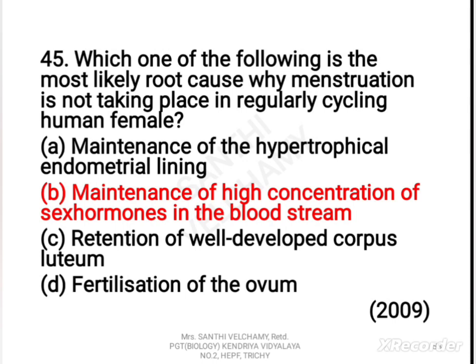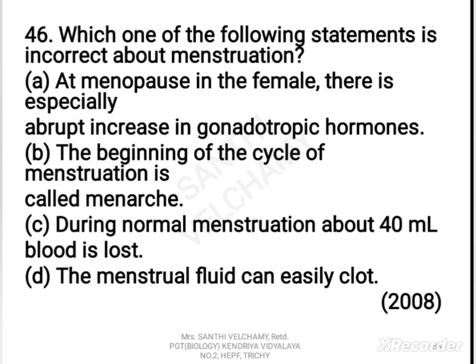Next one. Which one of the following statements is incorrect about menstruation? A. At menopause in the female, there is an abrupt increase in gonadotrophic hormones. B. The beginning of the cycle of menstruation is called menarche.